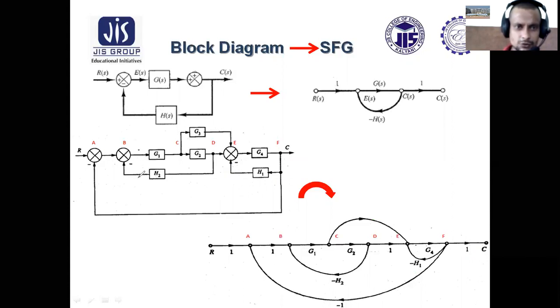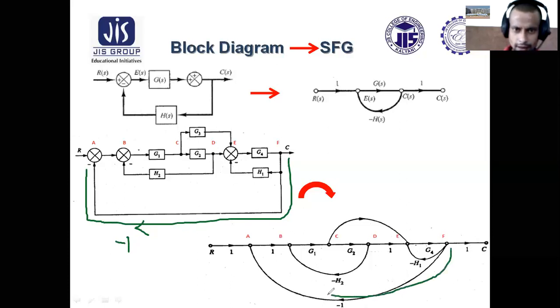A feedback signal H2 is associated with the minus terminal, so minus H2 should be there. In between D and B, minus H2 is there. Similarly, between F and A, there is one unity feedback signal which would be associated with minus 1. So in between F and A, there is a minus 1 signal.